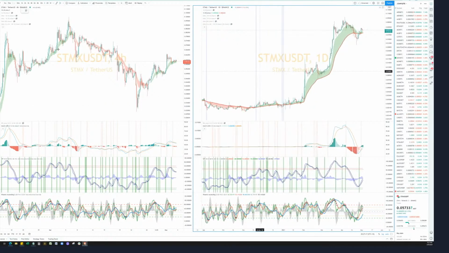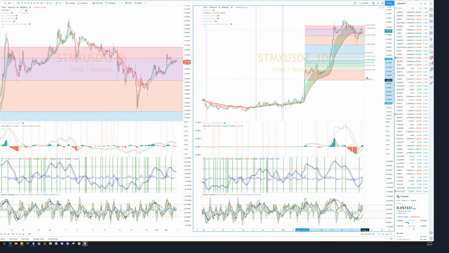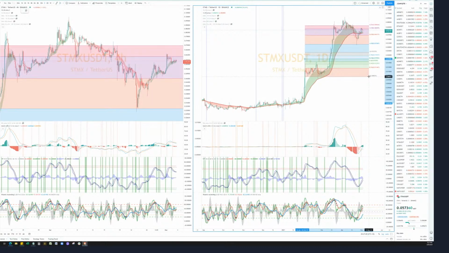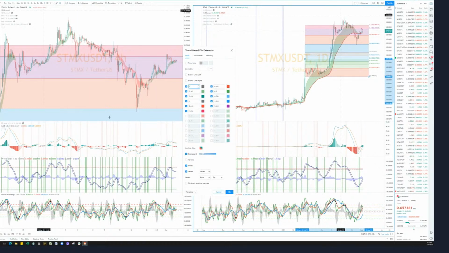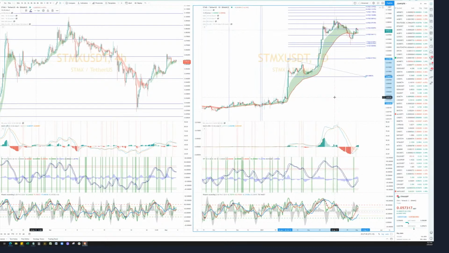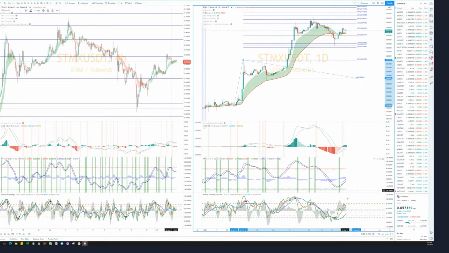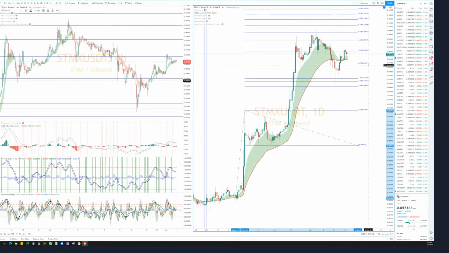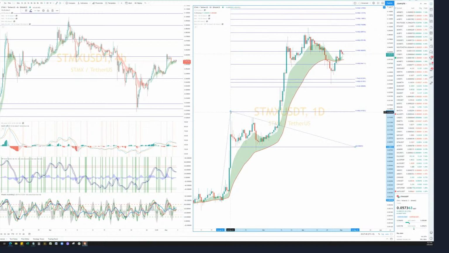So the only thing I have is Fibonacci levels, and then we apply the Fibonacci tool, the multi-holding ratio tool. Now let's adjust this a bit.